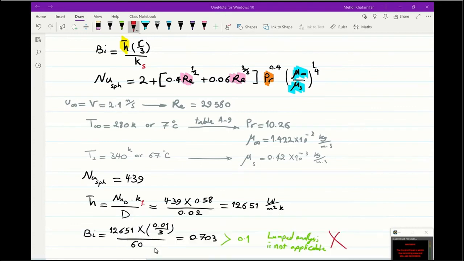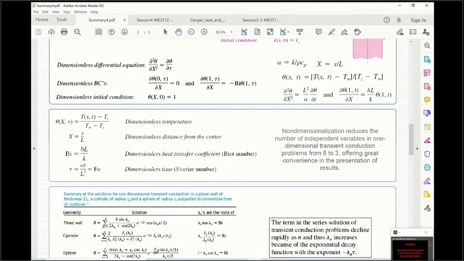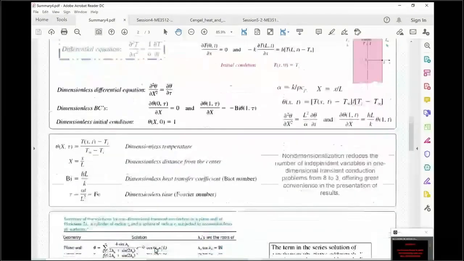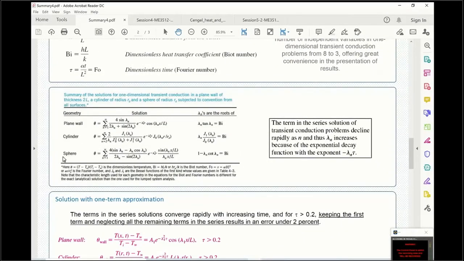So I can show you here inside the week 4 summary page. This is the formula for the sphere. This is the original one, and I'm not going to use this one.